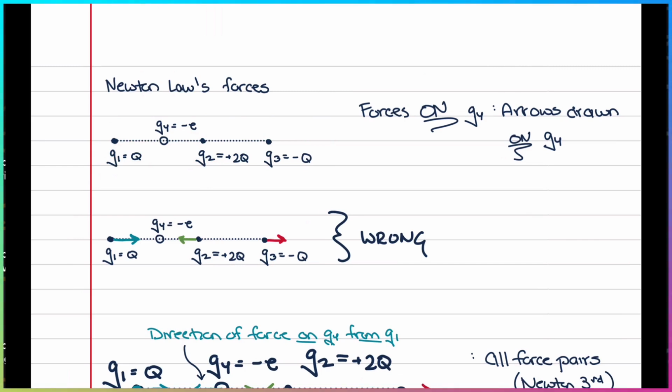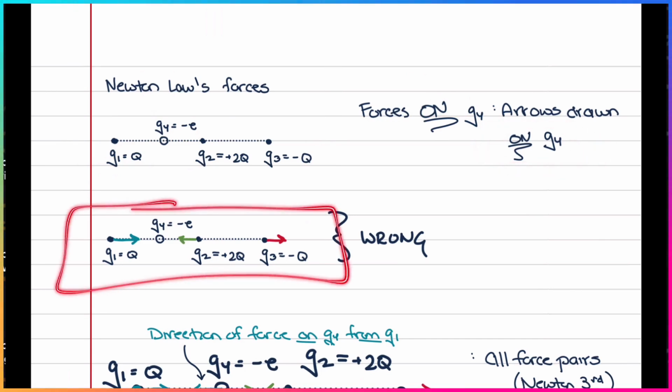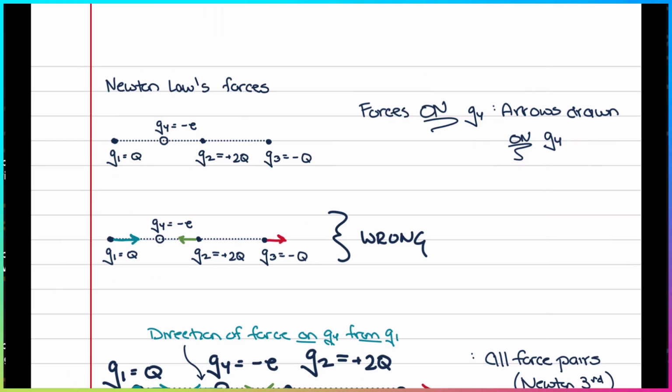But when I asked for the forces on Q4, the arrows I was expecting should have been drawn on Q4. I saw a lot of this, which is wrong in multiple ways. One, the arrows are pointing the wrong direction based on the question I asked. Again, if this is a positive charge and this is a negative charge, I expect them to attract one another. This is not the arrow that shows them attracting one another.